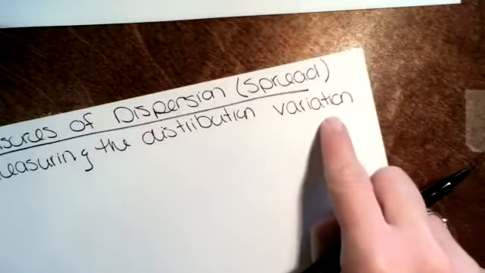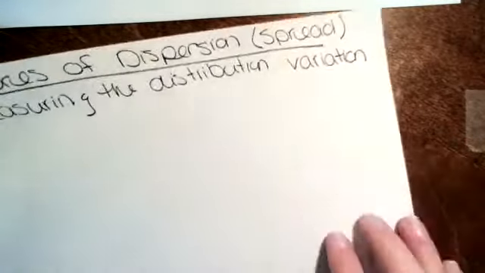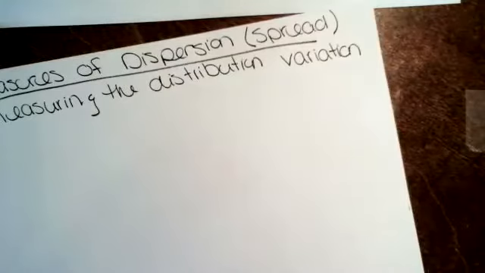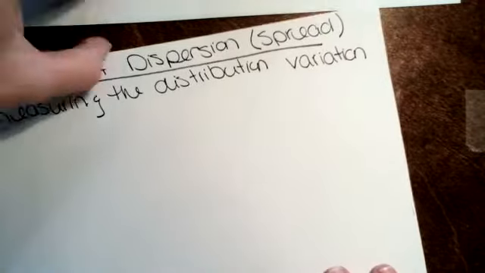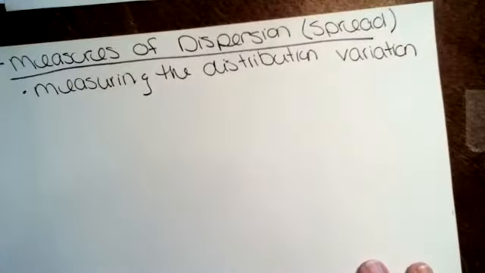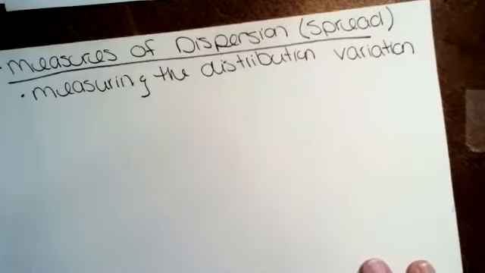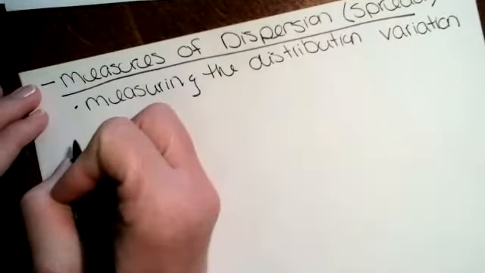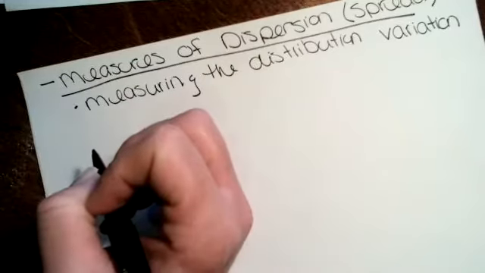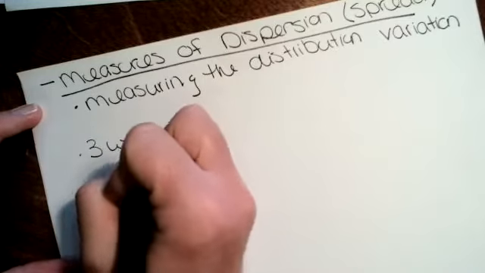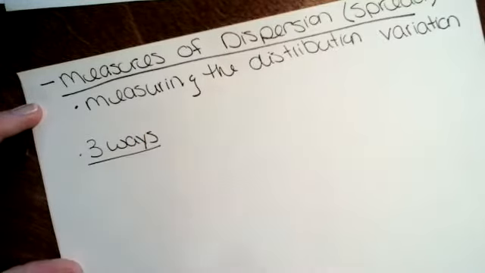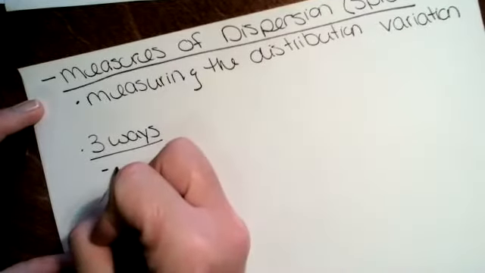It measures the variation, meaning just how close are the data values to one another. Are they spread out? Are they clumped? And we kind of talked about this a little bit last class in my video. So again, we have 3 ways to measure spread. And I'm going to start with the easy one first, and that is called range.